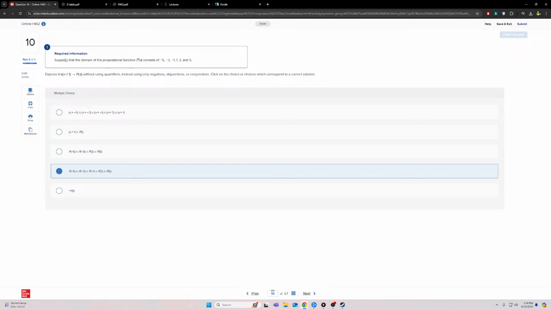So for this question specifically, P of X consists of this, so this is the domain, only these X values can be used. And then this is the actual statement. We have all of X is true when X does not equal 1. If X does not equal 1, then P of X.